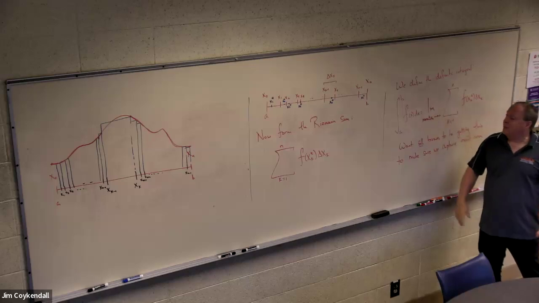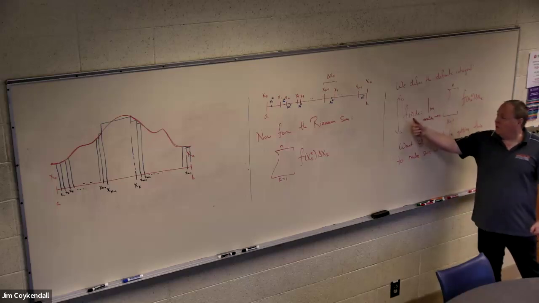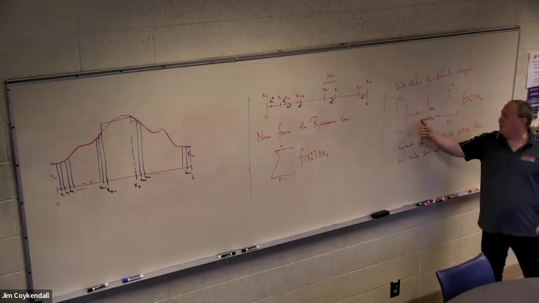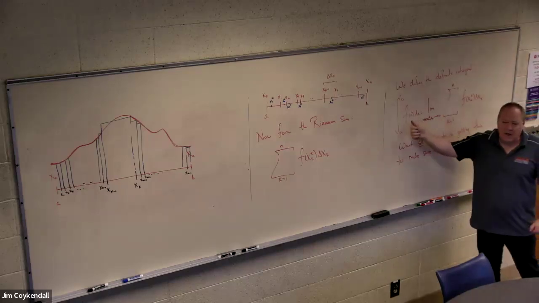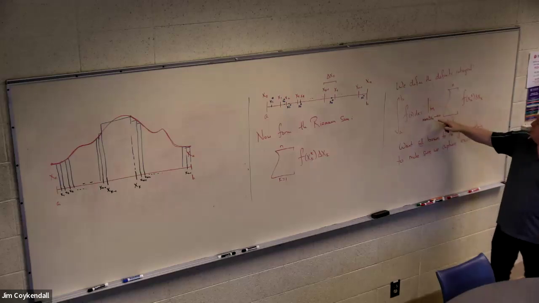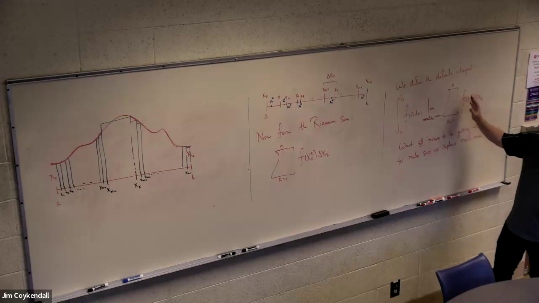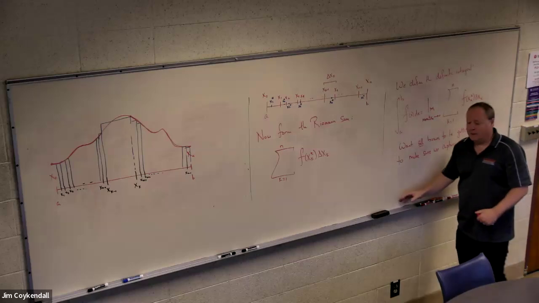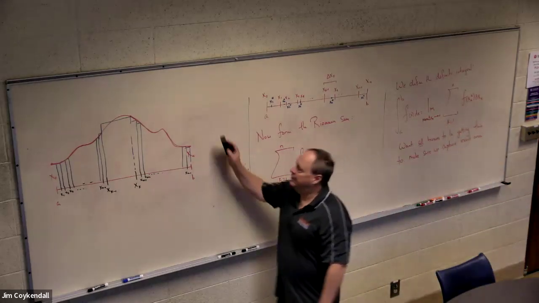Here's another thing. There will be some problems where this is intractable to do. However, this is equal to this. So if you can't figure out what this is exactly, all you have to do is make enough boxes and you can approximate this. So that's another good reason to remember that this is a limit of sums.